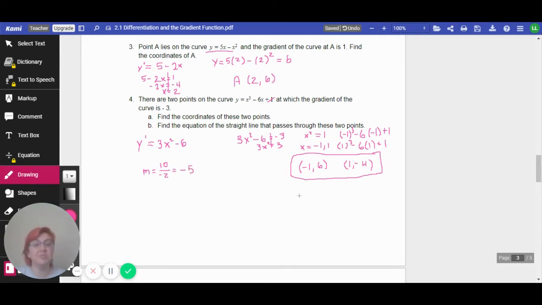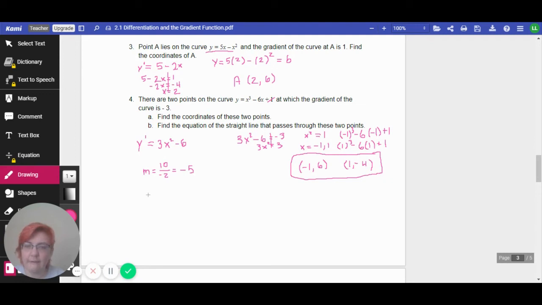Now, I can use either of these points, doesn't really matter. I'm going to go ahead and use this one here. And I'm going to use probably point slope.